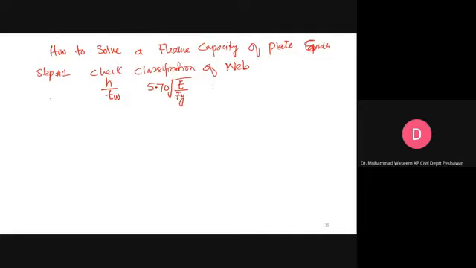Second equation is this one. If this is representing the lambda p, this is representing lambda r, and this is your lambda. Okay. If lambda is less than or equal to lambda p, your web will be compact.